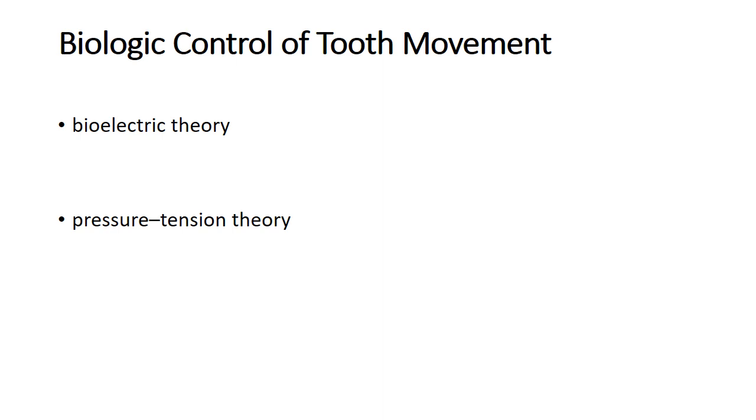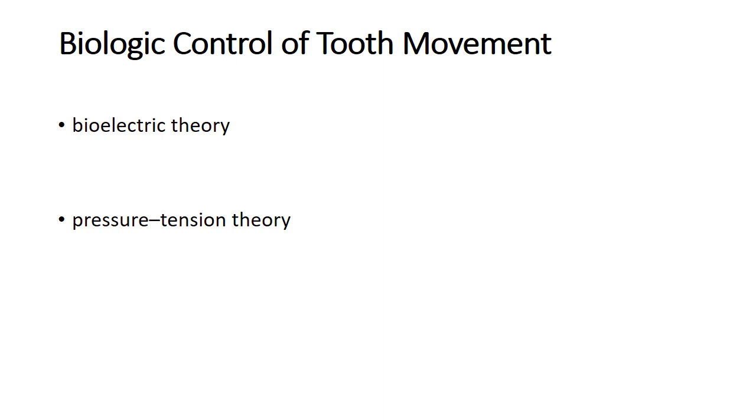The biological control of tooth movement. We have two theories, the bioelectric theory and the pressure tension theory. In the bioelectric theory, tooth movement is produced because the application of light pressure will cause biological electricity, and this electricity will cause bone metabolism and in turn will lead to tooth movement. In the pressure tension theory, tooth movement is related to the release of chemical messengers.